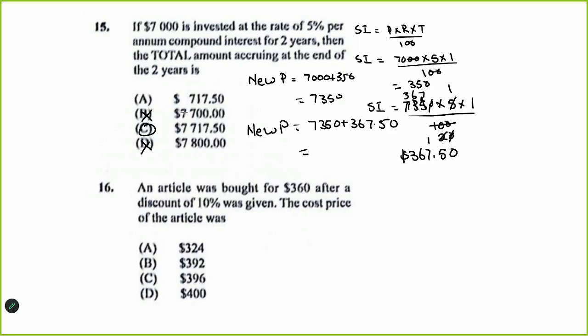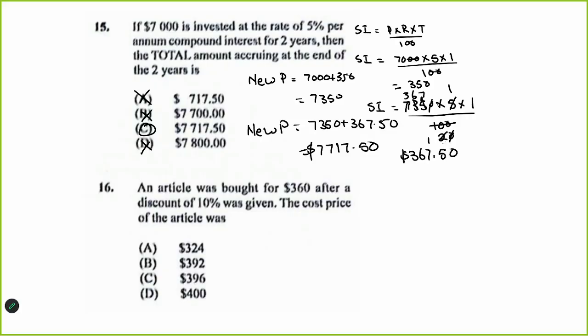Most likely it will be this one because they want the total amount. So it will be C. Do not miss. Alright? So the answer would be $7,717.50. Now you don't need to add this out, but looking at this, you know the answer cannot be $717.50. The other two definitely not, because the answer has to end in 50 cents. So through process of elimination, you know the answer is C.